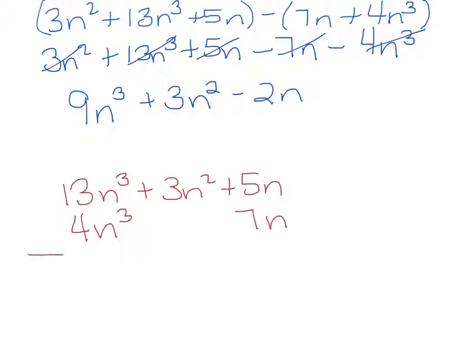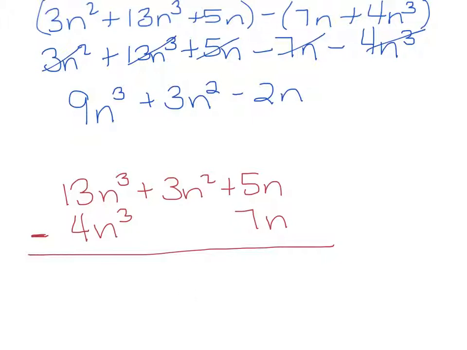So now we can draw our line just like we did before, but this time we're subtracting. Okay, don't forget that when you're doing this. We don't have any n squareds, and that's okay. We can just leave that area blank and bring whatever this term is down to the same spot in your answer.